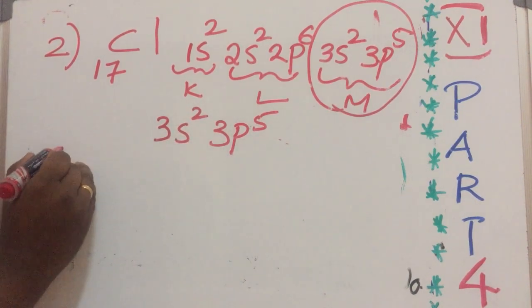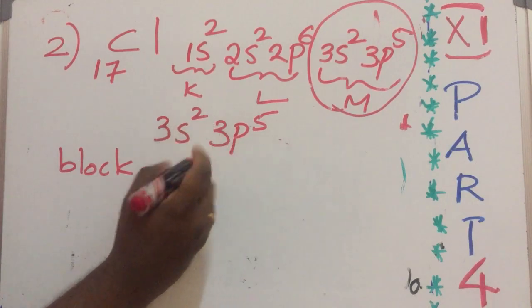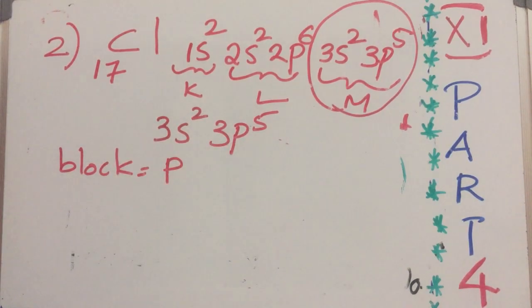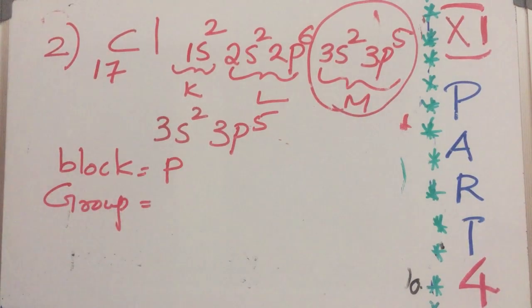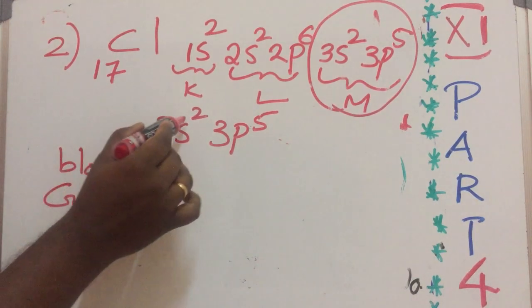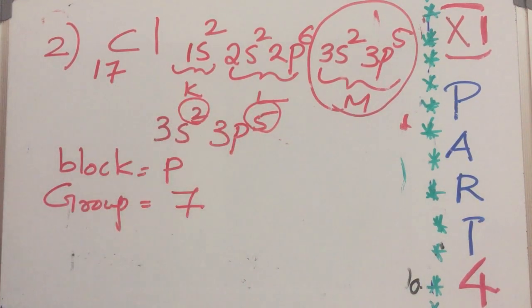Now which block? Last electron entering p, P block. Then group. What is group? Number of electrons in the valence shell. How many electrons? 2 plus 5, 7. Here a very important point, it is only applicable for P block.